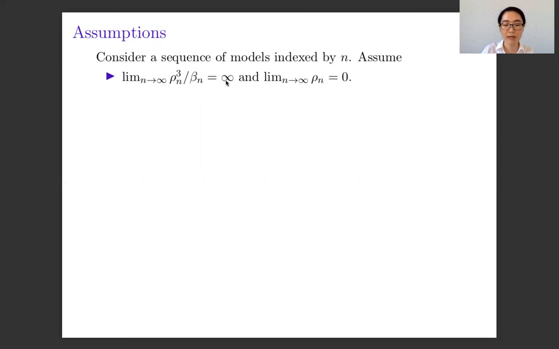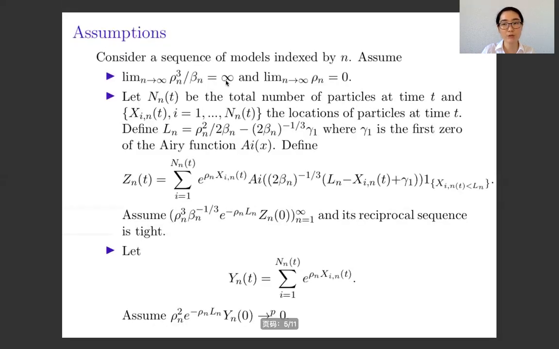These two parameters are closely related to the mutation rate and branching rate. They are tuned in a way such that the rate of beneficial mutation is large, but the selective advantage of each mutation is relatively small. We also need two more technical assumptions on the initial configuration of particles.